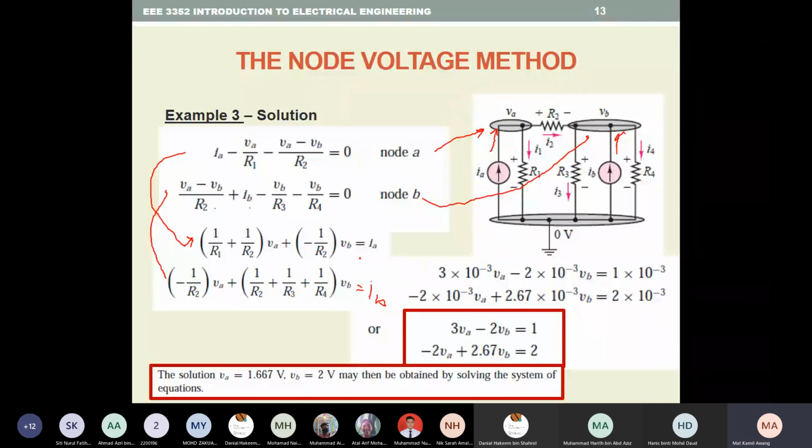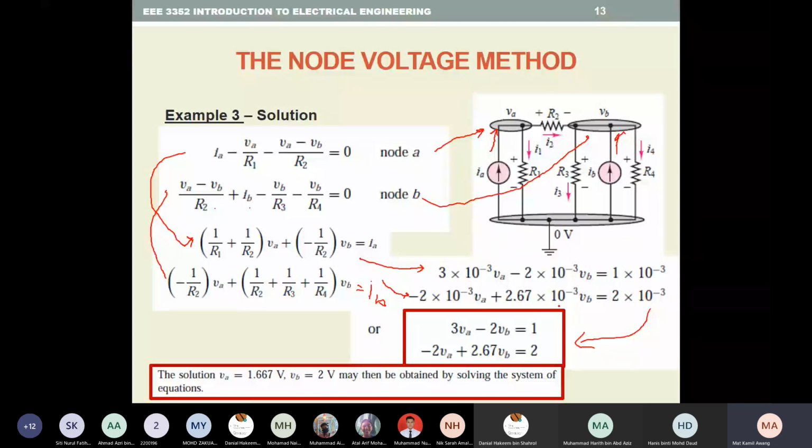So you plug in the values given, you get this equation, and this one you get this equation. And from here you get 3VA minus 2VB equal to 1 and minus 2VA plus 2.67 VB equal to 2.